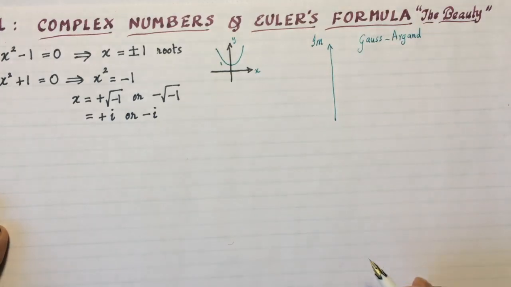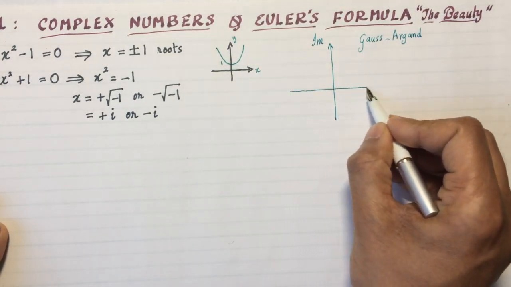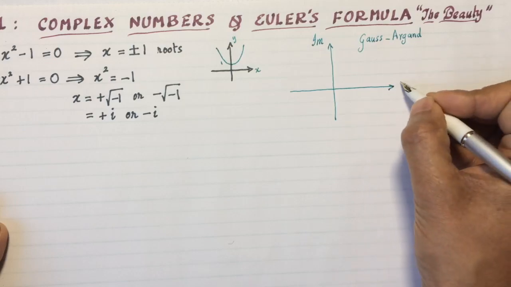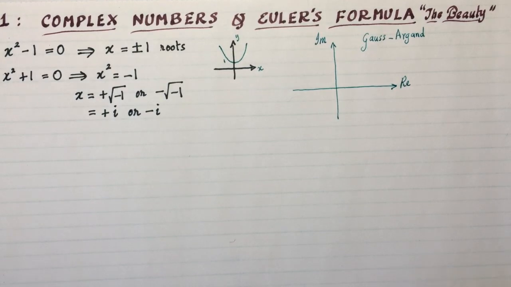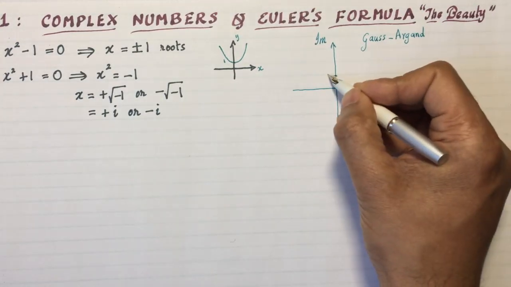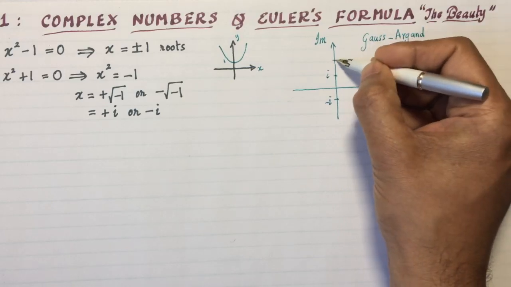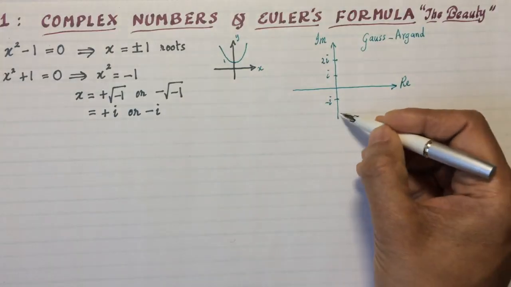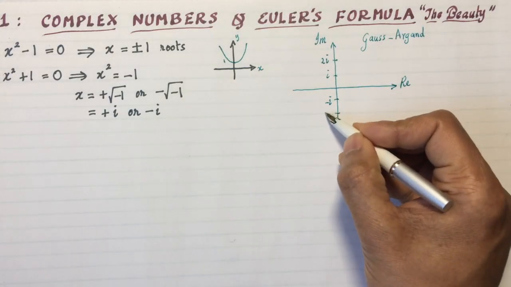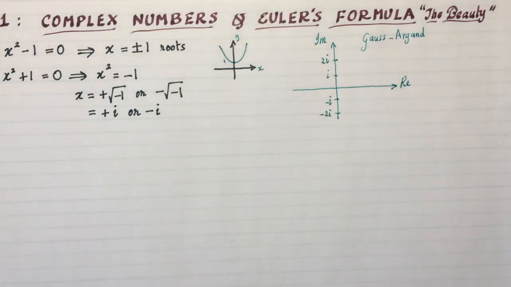On the y-axis, the traditional y-axis is now called the imaginary axis, and the traditional x-axis is called the real axis. So on the imaginary axis, you'll be plotting numbers like i, minus i, in other words, all multiples of i. I'm just writing integer multiples because it looks nice, but it can be any real number times i on the y-axis.